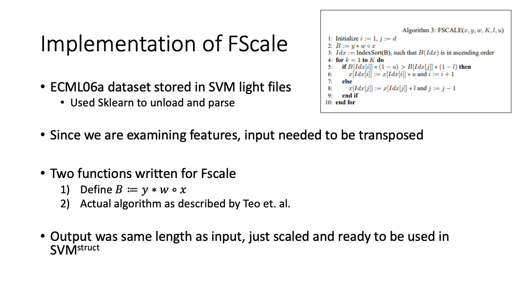So the implementation of F-scale, this one is interesting because this is a computational recipe for searching an infinite search space. They basically have a recipe for searching the transformation space where you don't need to search it exhaustively.